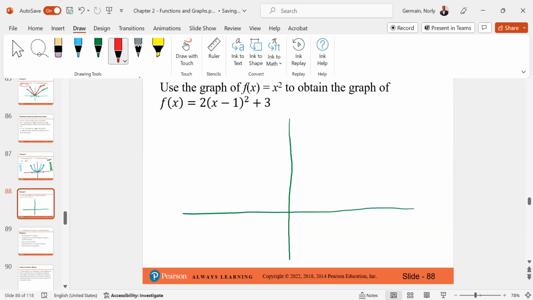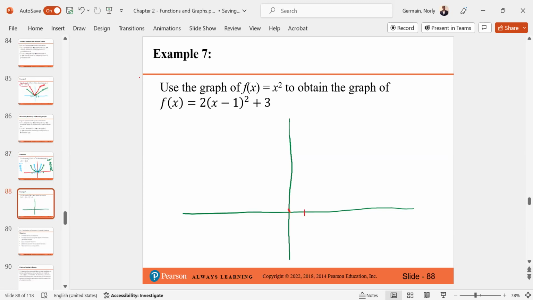If x is 0, y is 0. If x is 1, y is 1. If x is negative 1, y is also 1. If x is 2, y is 4. If x is negative 2, y is also 4. Remember, this is the standard quadratic function f of x equal x squared.